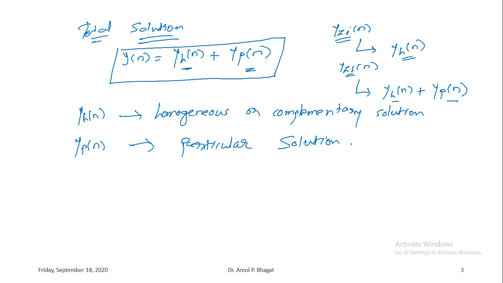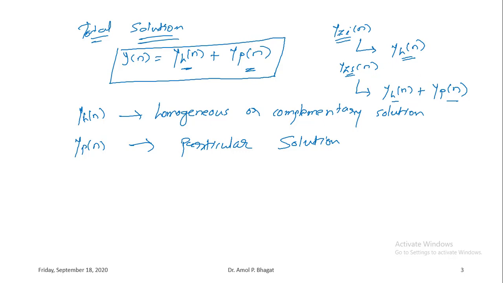So here we are using those difference equations to describe the characteristics of a given LTI system by representing the input output relationship. So in subsequent sessions we will be identifying the procedures to identify the homogeneous solution as well as particular solution.